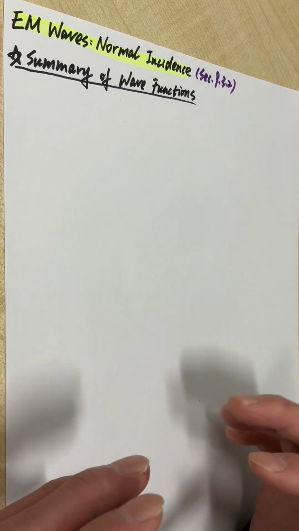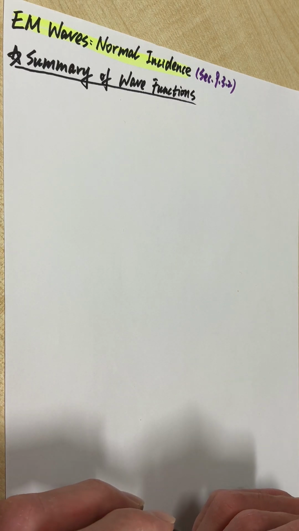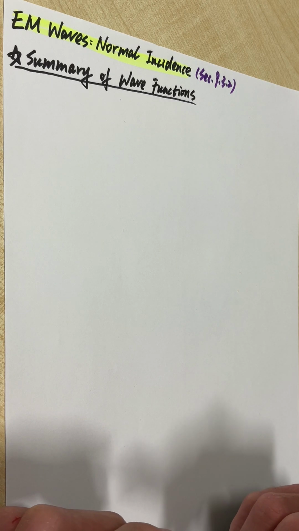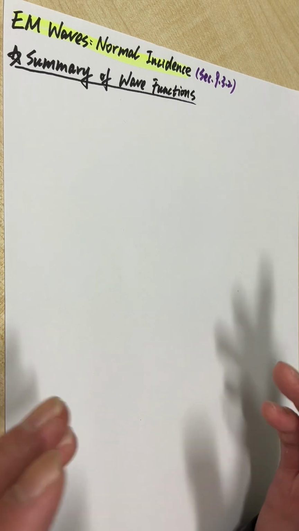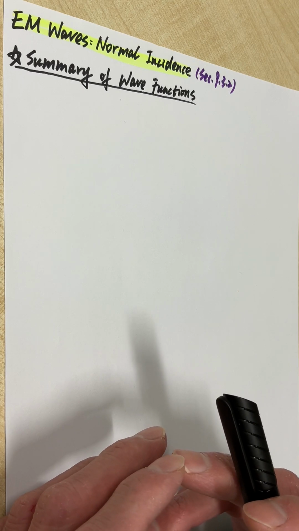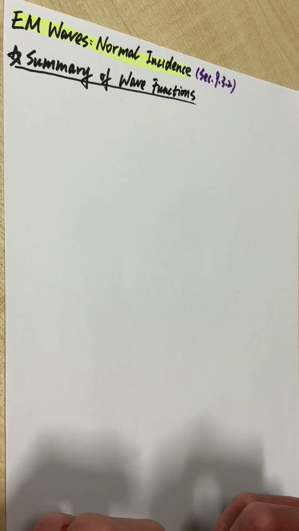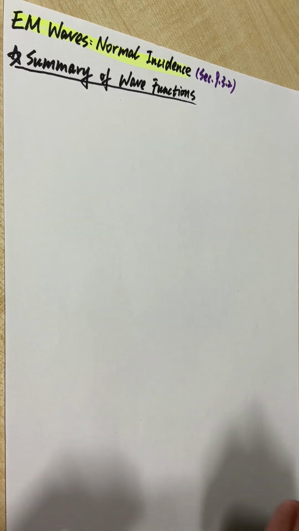I'm going to give a summary of wave equations, and I'll also summarize some key electromagnetism theories that lead to boundary conditions. We are going to use them fairly differently compared to how we used electromagnetism theories before. I hope this summary is helpful, and at the same time you learn something new.